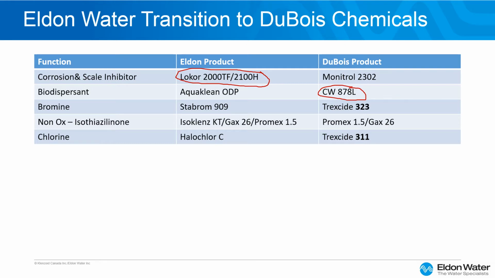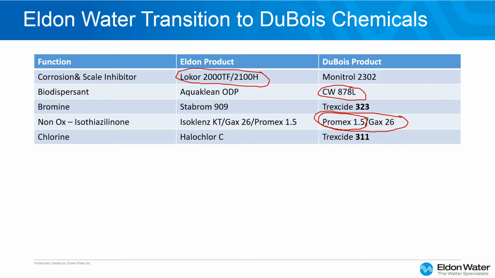So we have secured a good supply line of it, but it's going to be mostly Promex 1.5, GAX maybe later, but please just recognize that this is ISO completely, these two chemicals, and I would almost refer to them as ISO. Just so you know what you're actually putting in there.